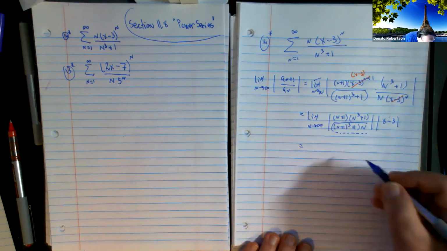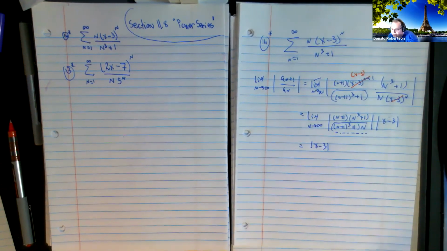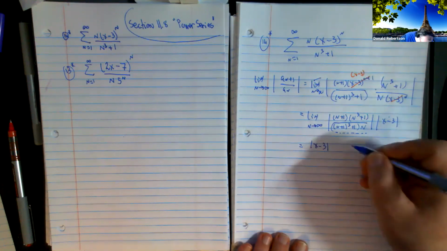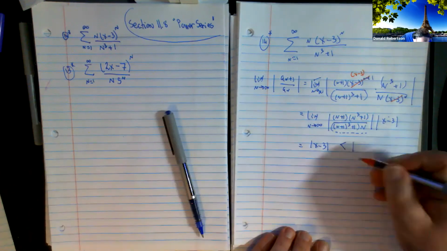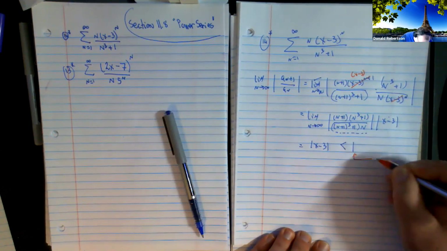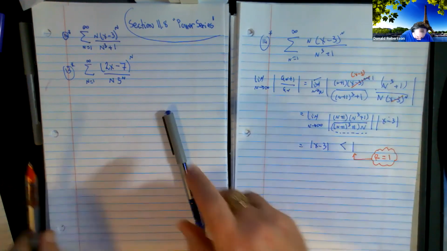In other words, that's the final answer. And the ratio test says that this has to be less than 1. And we have now found one of the two things that they've asked us. We have found the radius of convergence, and it is 1.